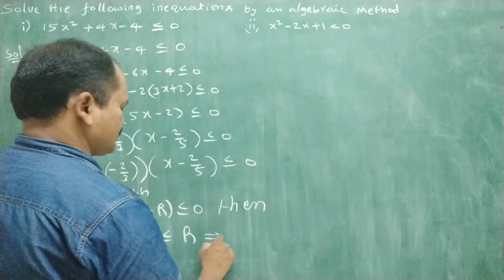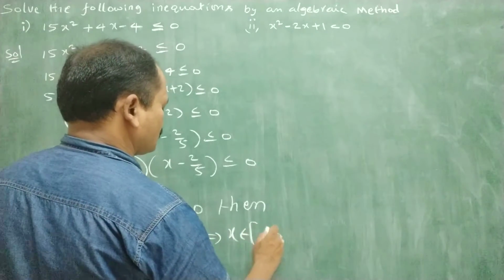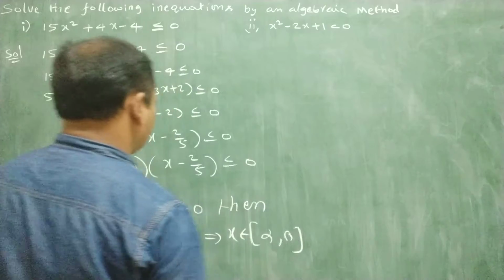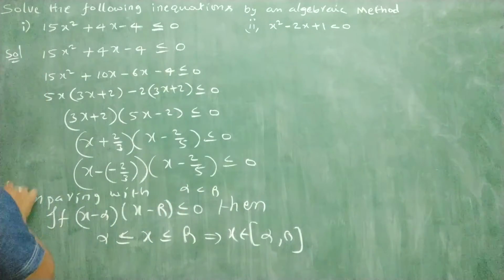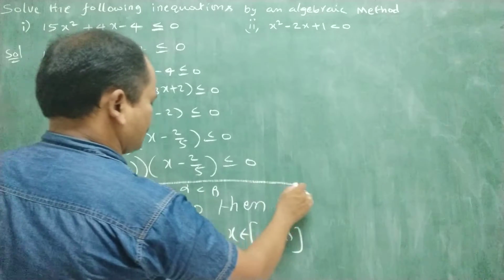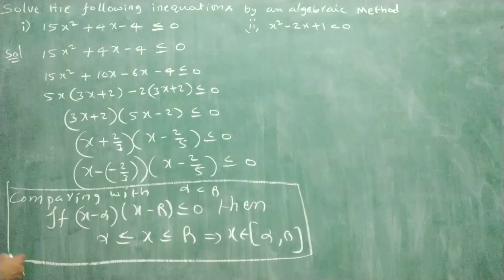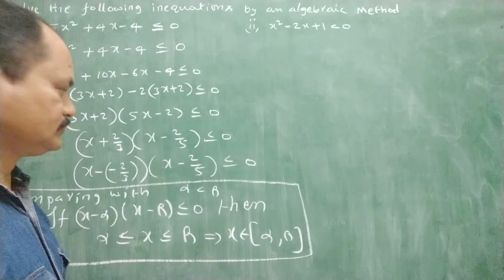That means x belongs to closed alpha beta. Here always the condition is alpha less than beta. Now this is the formula.